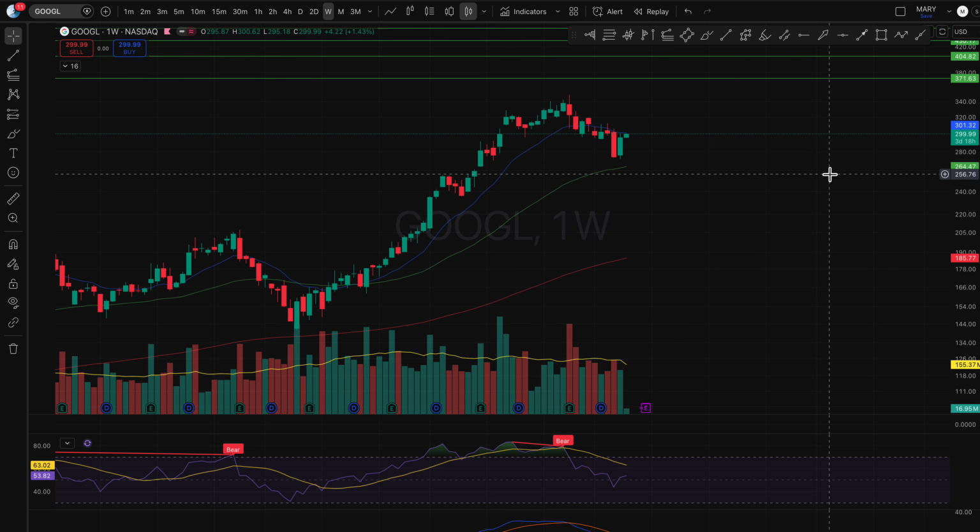So your resistance lies at 301.32. It's acting as a hurdle or resistance. Okay, so if price breaks out above the 301, there is local resistance at 305, 306. Then we have 311 to 312. This is about 319, 320.